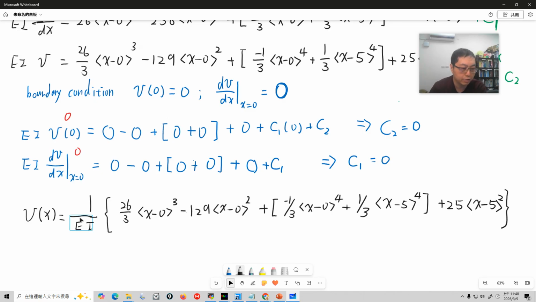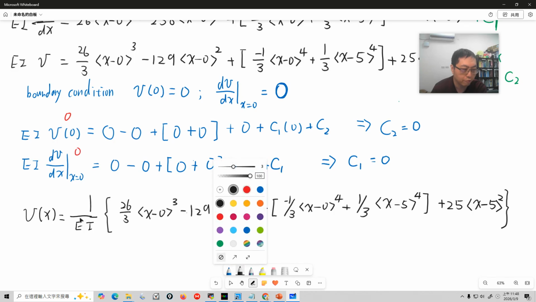This is our elastic curve function, or deflection function.